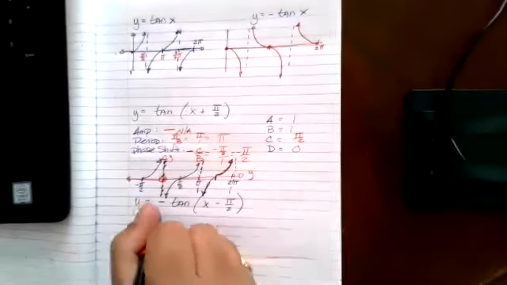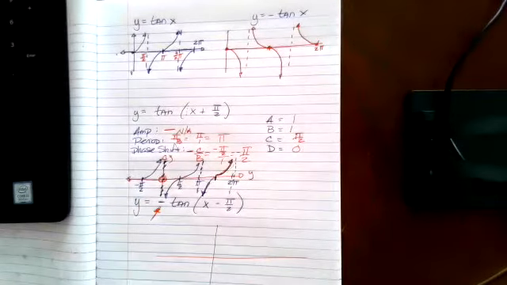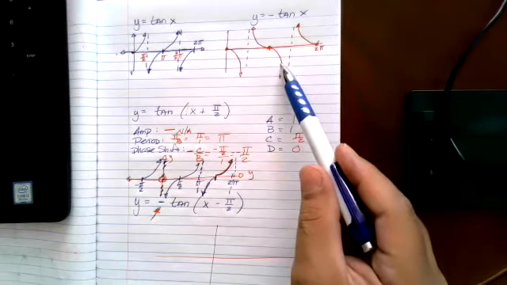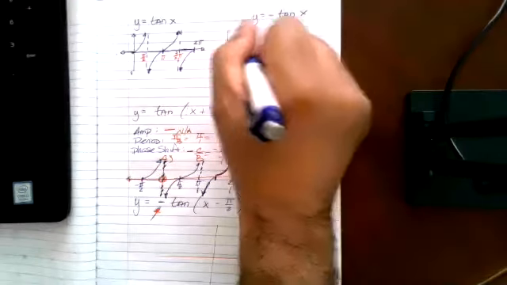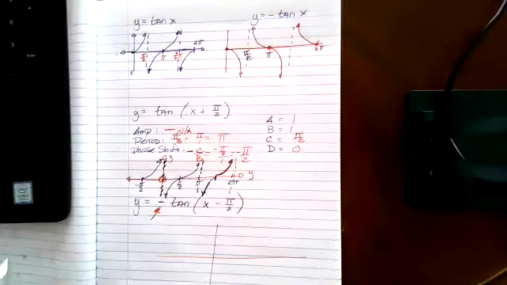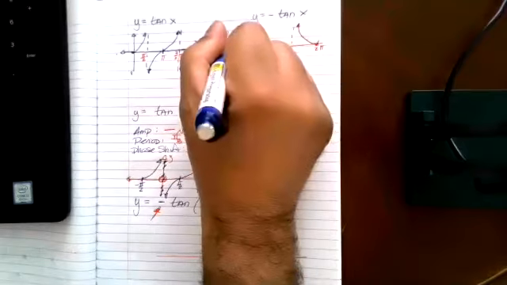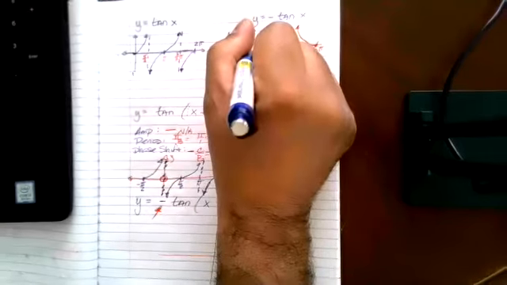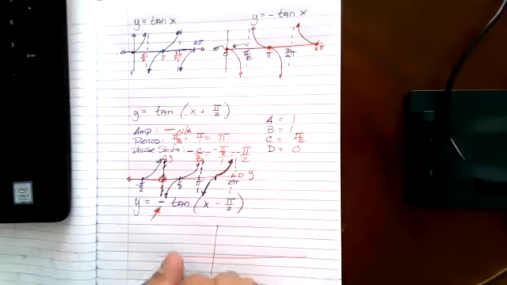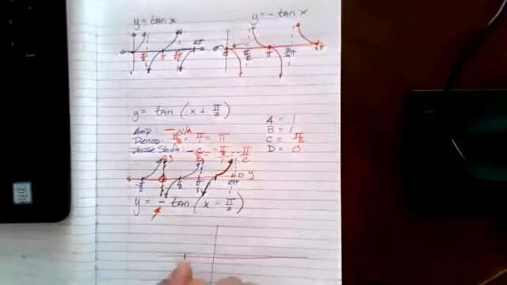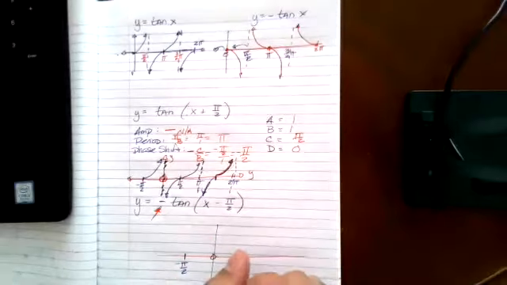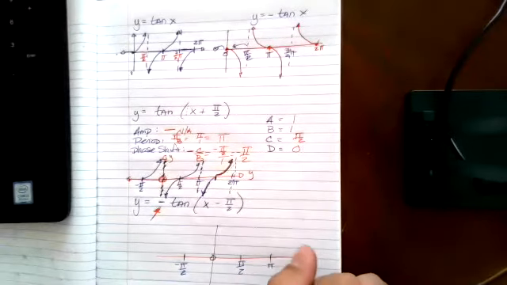This is the same exact problem, except it's negative tan. So we're going to be using this graph. And pi is here, and half pi is here. And 0 is here, and this is 3/2 pi. So everything is moving over 1/2 pi. So I'm going to be at negative half pi, 0, half pi, pi, 3/2 pi.